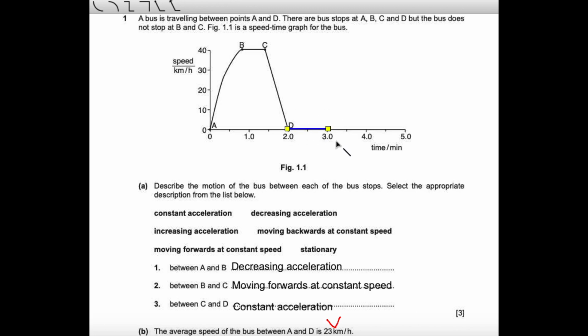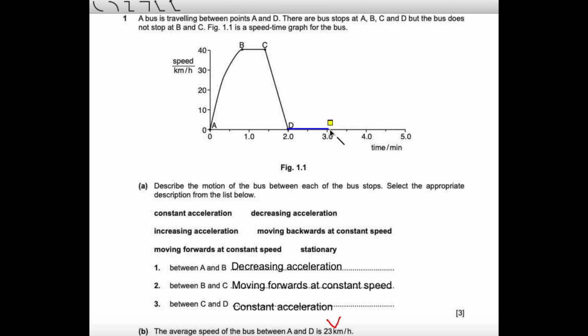And after that he said it travels at a constant acceleration for 30 seconds. Constant acceleration means a straight line from here for 30 seconds. And 30 seconds will be at this point, because between 3 and 4 minutes there is just 0.5 minutes.